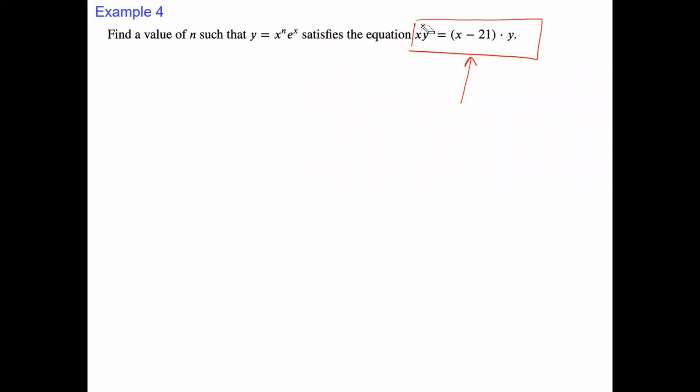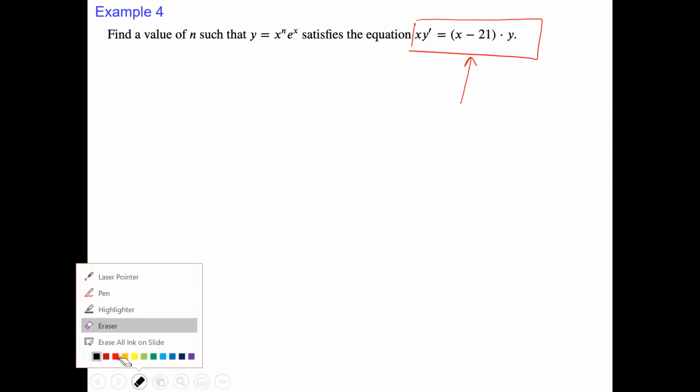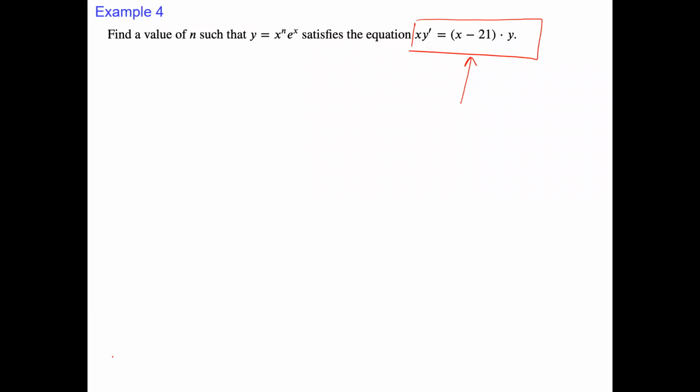Okay, but since we have the n, we don't know what n is. Let's figure out for what values of n this function is the solution of this equation. But we will not solve the equation itself. That's calculus 2.